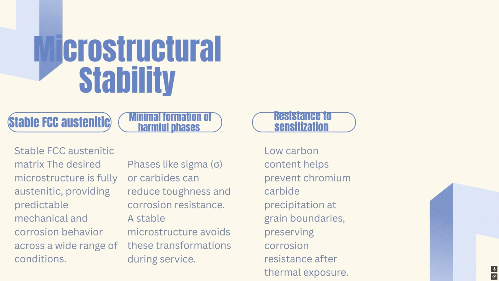The microstructure also avoids transformation during service. Another thing to remember is that sigma is brittle and carbide steals chromium from passive films, like what I talked about earlier regarding corrosion.